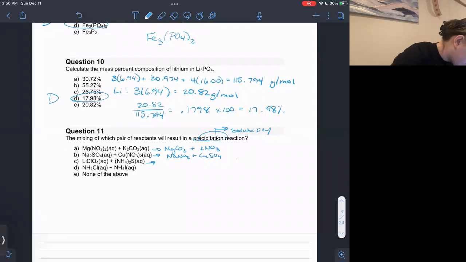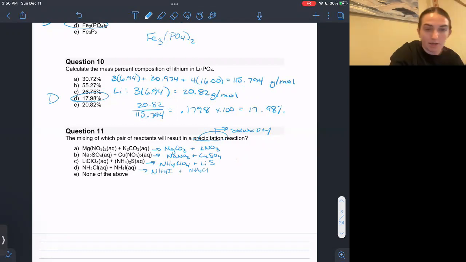I'm not going to worry too much, I just want to switch my partners. So it would be NH4Cl and lithium S, and then this one really is not going to change. It's going to be NH4I and NH4Cl.